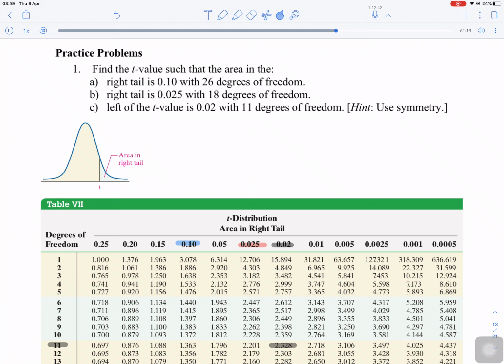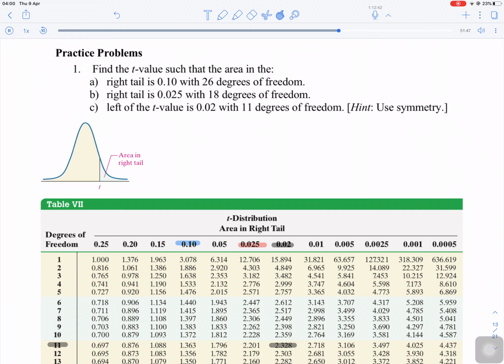If we are given an area to the left of a t-value, but our table gives information for area to the right, we can use the rule of symmetry and find the t-value as though the area we are given is for the right. Then when we find the t-value that corresponds to that area, we negate that t-value. So what do I mean?